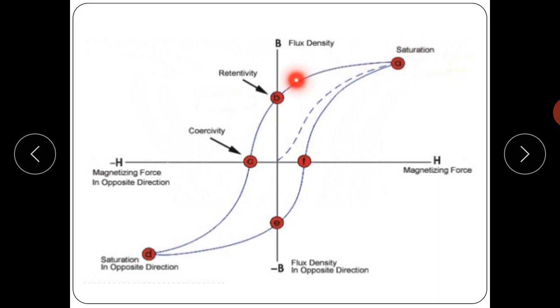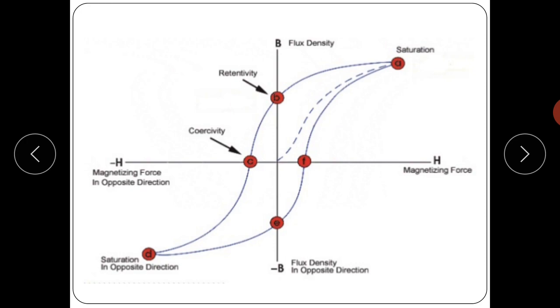At point C, even if the external field H is 0, magnetic flux density Br is still present in the material.